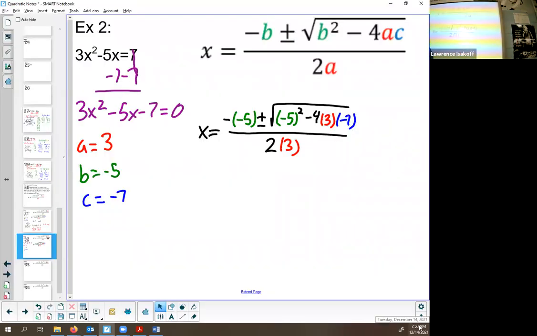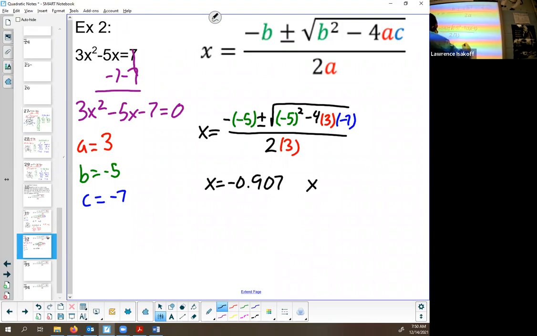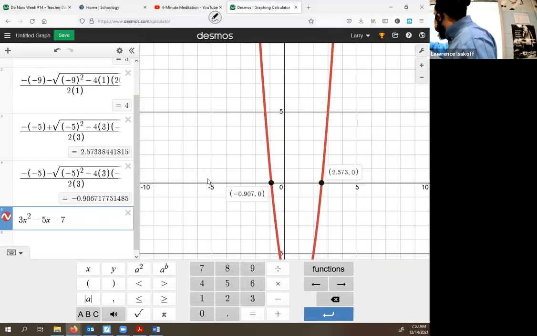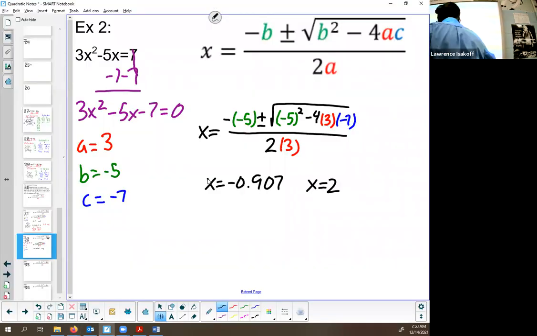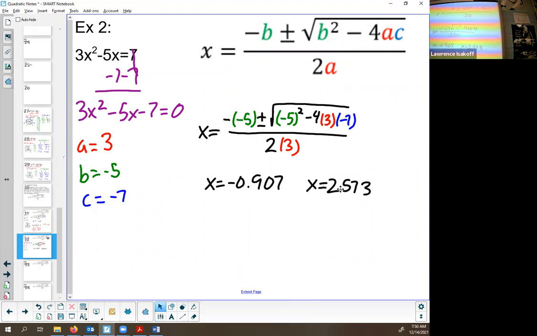So that gave me x equals -0.907 and x equals 2.573. So very calculator heavy. So it's just going to be about utilizing that.